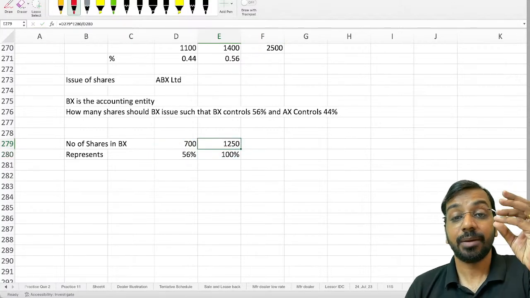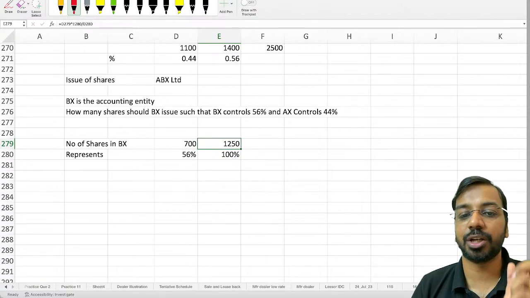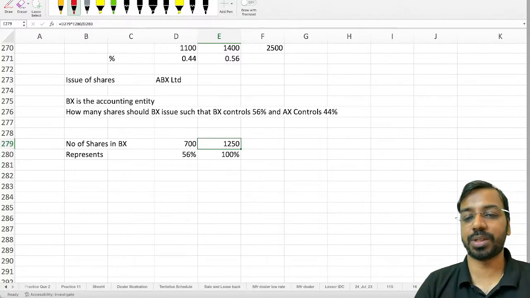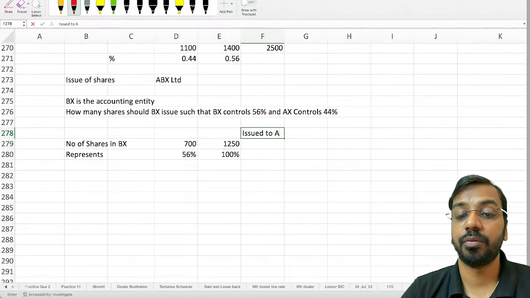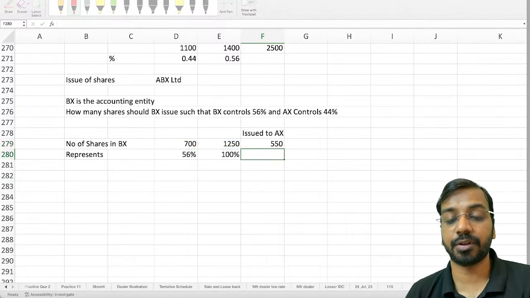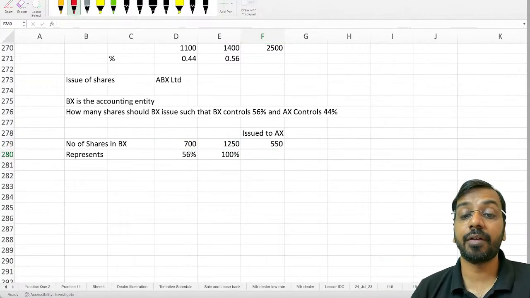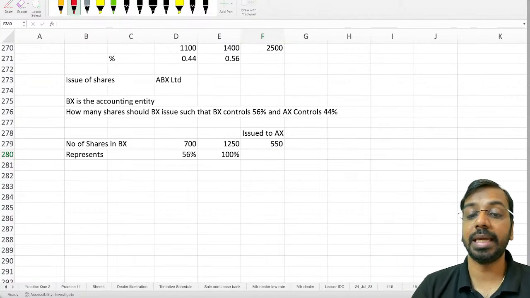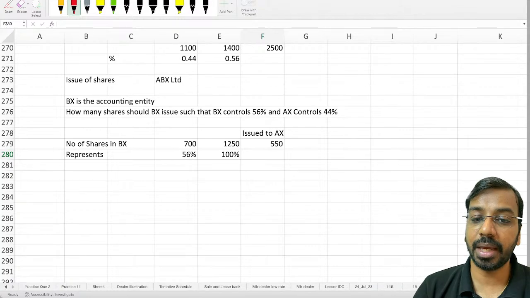So BX currently has 700. BX should control 56% shares. If BX has to control 56% shares, the total number of shares should be 1250. That means shares issued to AX will be 1250 minus 700, that is 550. So notionally, BX will issue 550 shares to AX Limited.